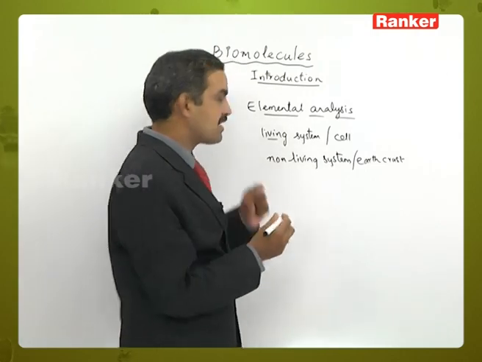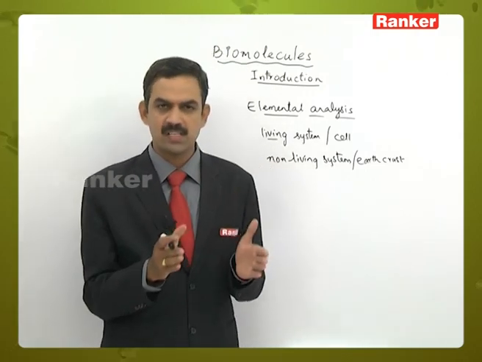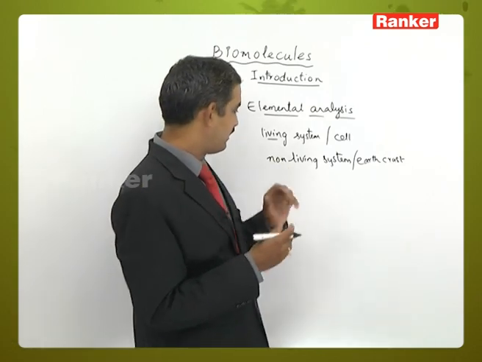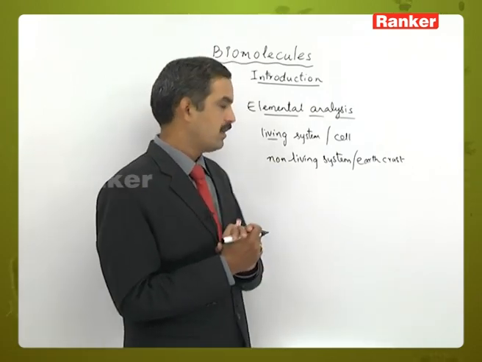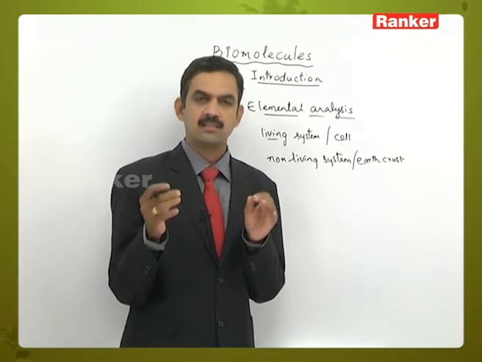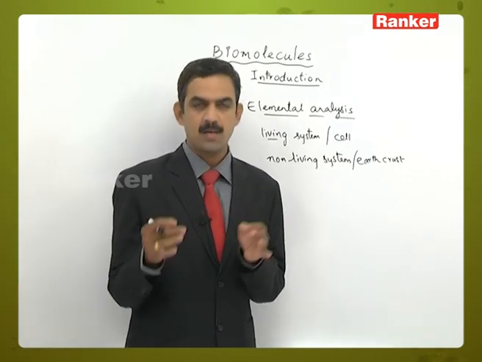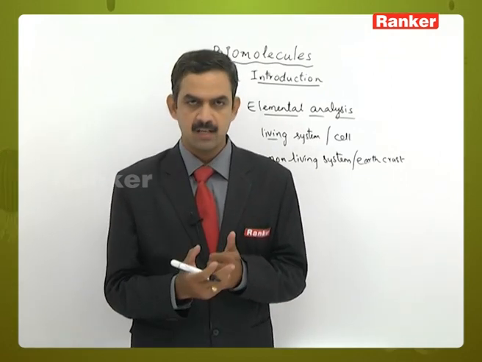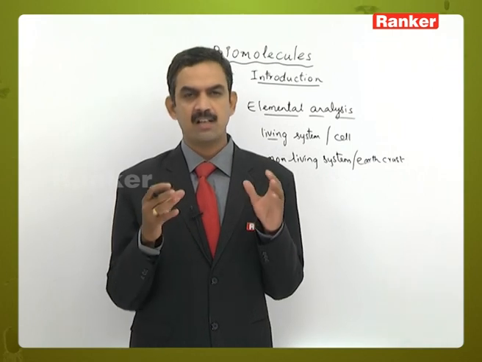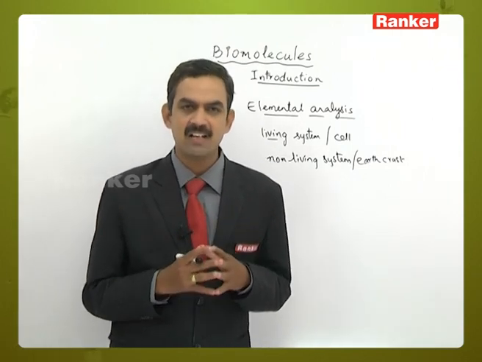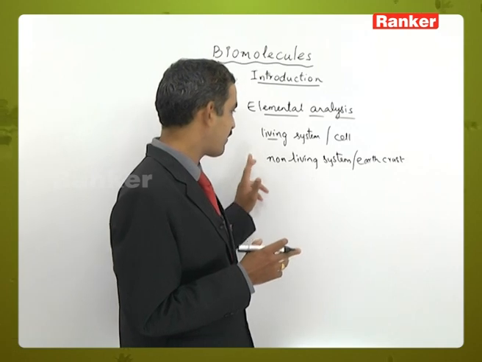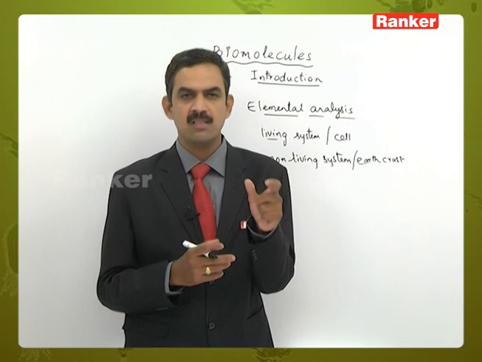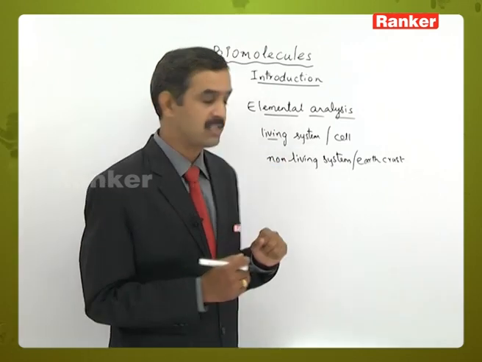Consider that the living system contains carbon, hydrogen, oxygen, nitrogen, phosphorus, sulfur, potassium, etc. In the same way, if you analyze a non-living system like the earth crust, that also contains the same types of elements, but the quantity of the elements present may differ. Basically the elements present will be nearly similar in both the living and non-living systems, and the difference comes in the quantity of the elements present.